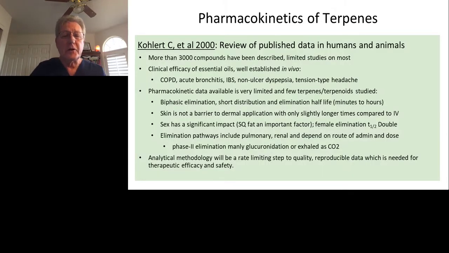Now, looking at the pharmacokinetics of terpenes, Kohlert in 2000 did a great review and looked at the published data in both humans and animals. There are more than 3,000 compounds that have been described, but limited studies on most. On the clinical side, there's been a lot of published data on essential oils and well-established in vivo studies looking at COPD, acute bronchitis, IBS, and the rest.